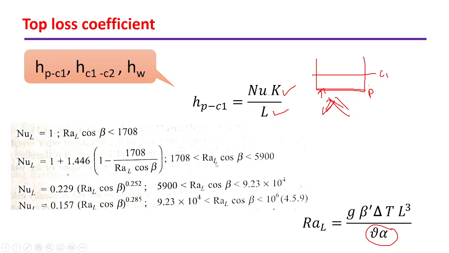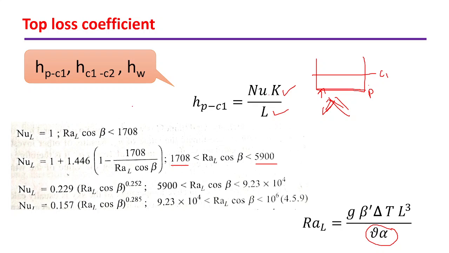Use your calculator to get the Rayleigh number multiplied by cos beta, then see what value you get. If the value is between 1708 and 5900, then you have to use this formula for the Nusselt number. Put in the value of the Rayleigh number and cos beta, and you will be able to calculate the Nusselt number.